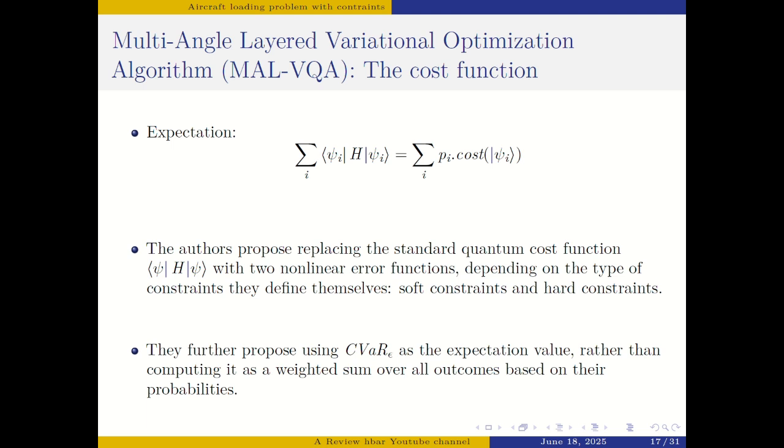In addition, when computing the expectation value, they introduce the conditional value at risk method. Roughly speaking, instead of taking the average of all sample results, CVaR focuses on the subset of solutions with the lowest energy values and computes the average over just those. This helps to optimize toward the most promising solution.